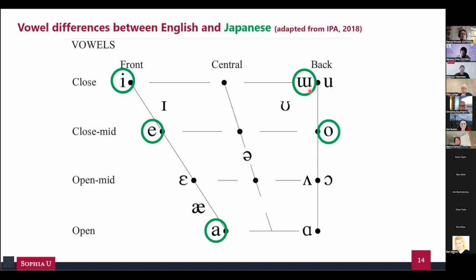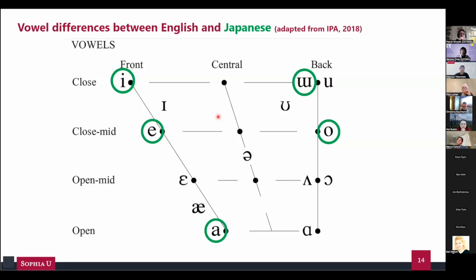It's not a rounded sound. So when they produce wood in English, they have to learn to round their lips a little bit. That's the difference between Japanese u and English u. And the other 4 overlap, so they can actually produce those vowels.